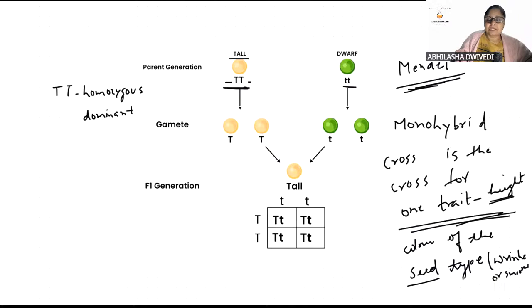Because you can see both letters are the same, correct? If I write small tt, both letters are the same, correct? But they are small letters. So in genetics, what we call it is homozygous recessive.